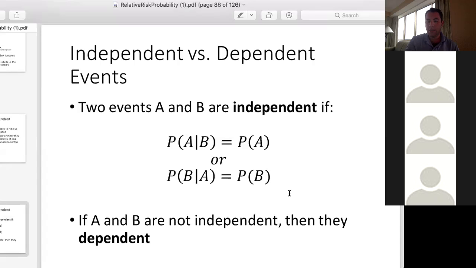This formula is going to work in either situation, and it's just going to simplify in the case of independent events. But if you have dependent events, you're going to have to use this multiplication rule. You can't just plug it into this simplified rule, otherwise you come up with the wrong answer.